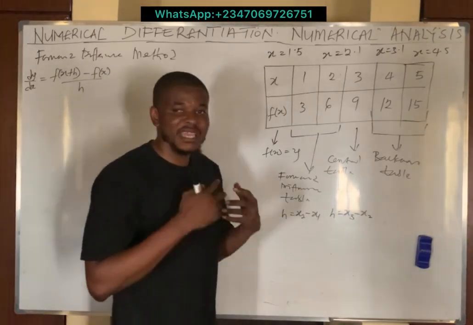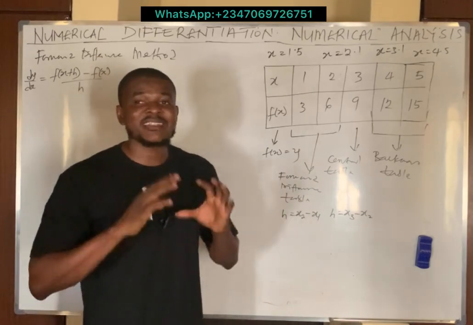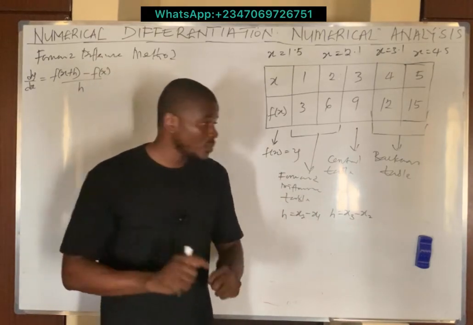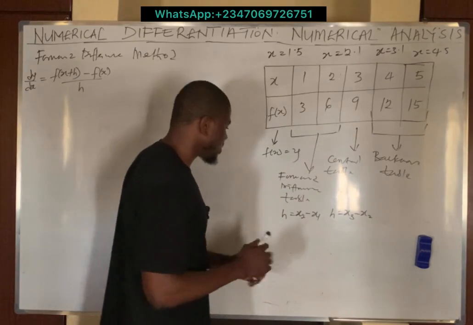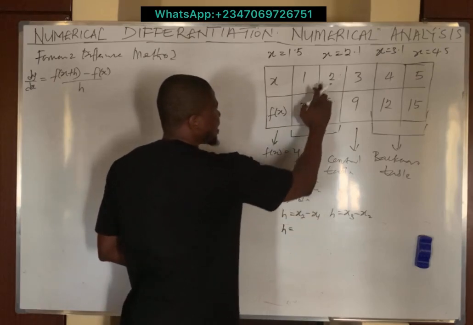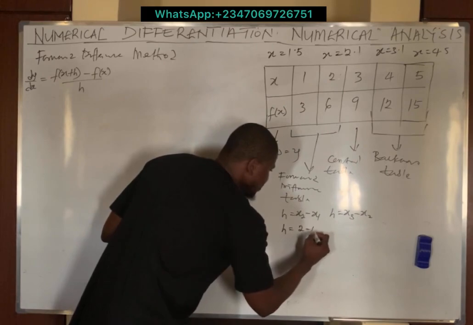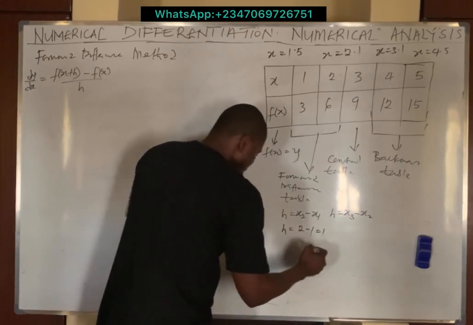It can also be x4 minus x3 or x5 minus x4, and the value will remain constant. So for instance, for this given table, h is going to be equal to x2, which is 2, minus x1, which is 1. So you can simply say 2 minus 1, and this is equal to 1.